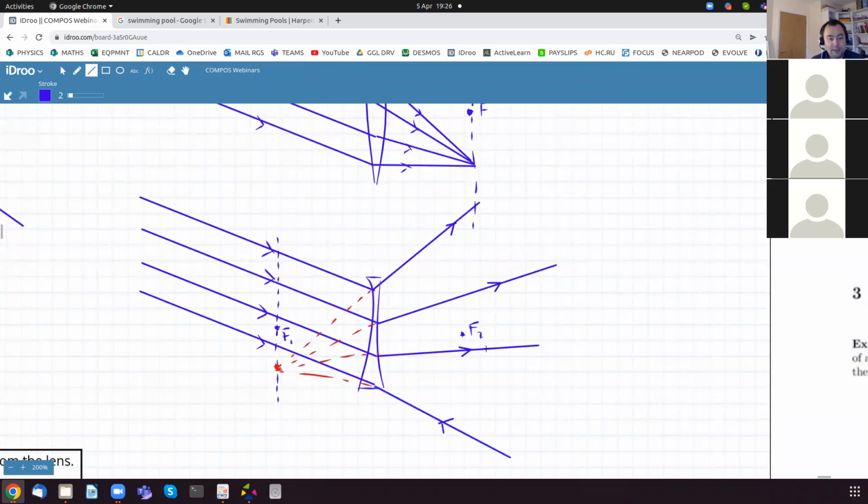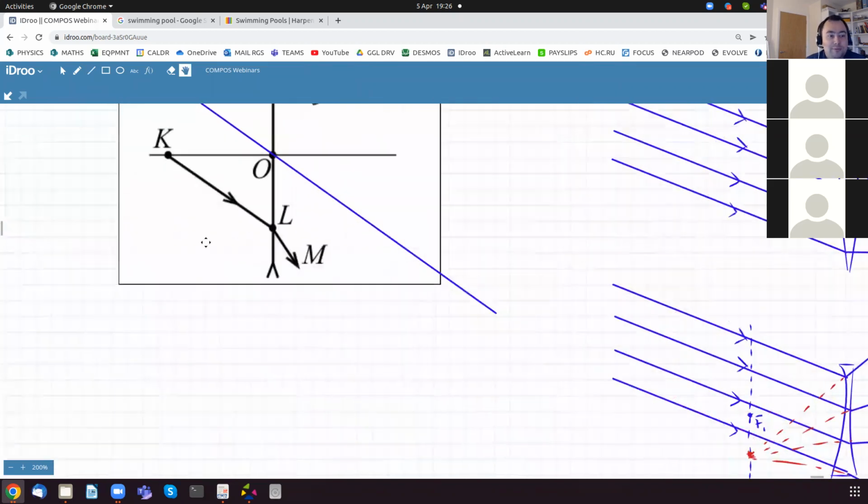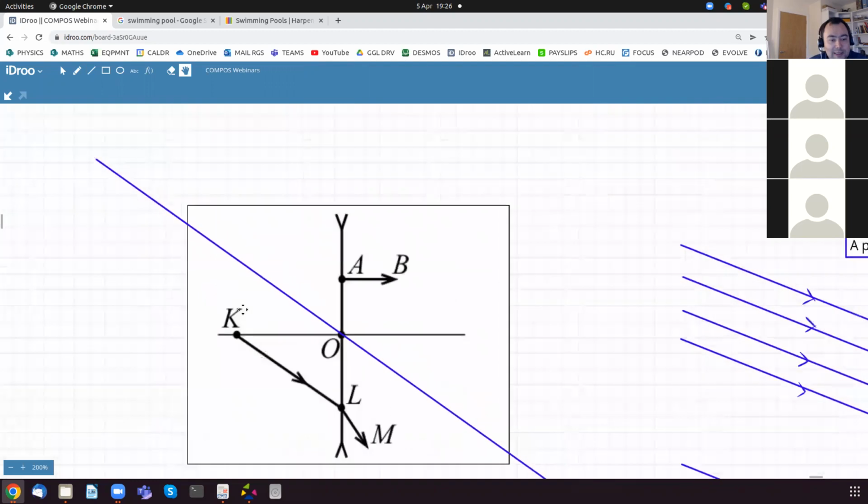Okay, so even with a diverging lens, the parallel beam of light meets at the focal plane. So we need to find the focal plane.